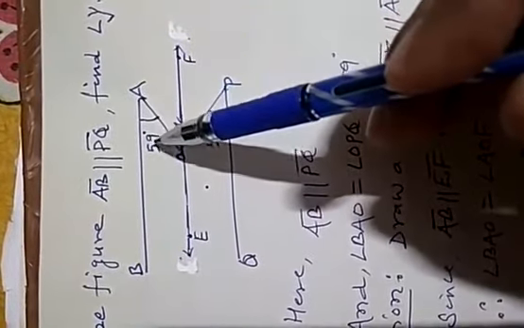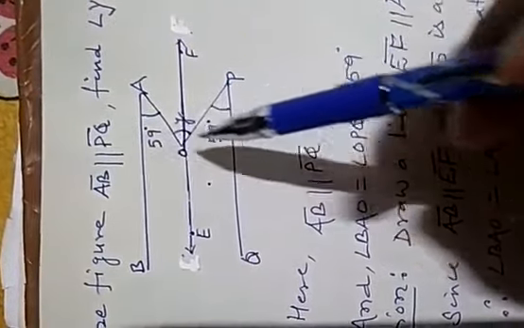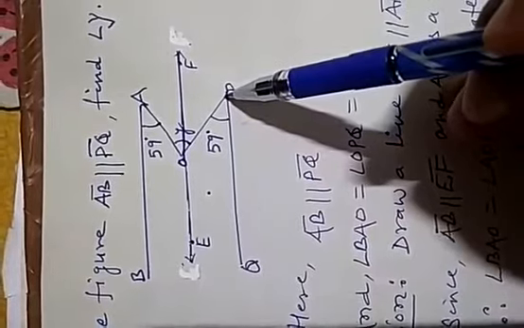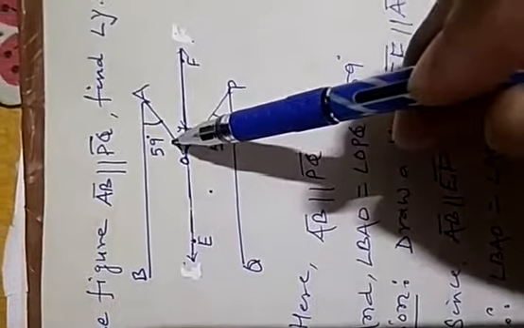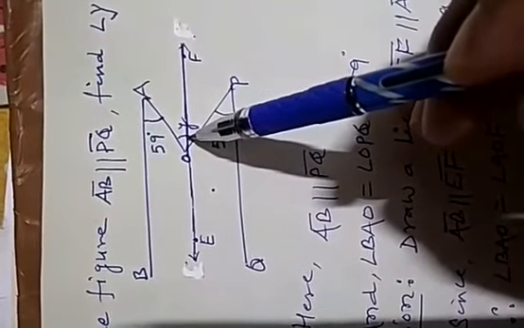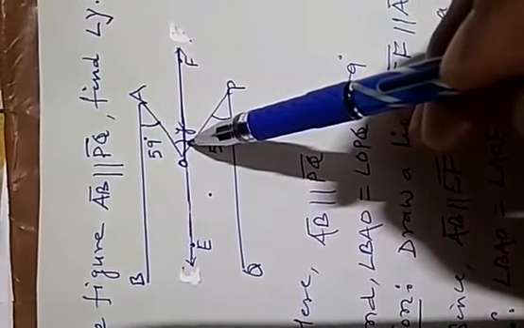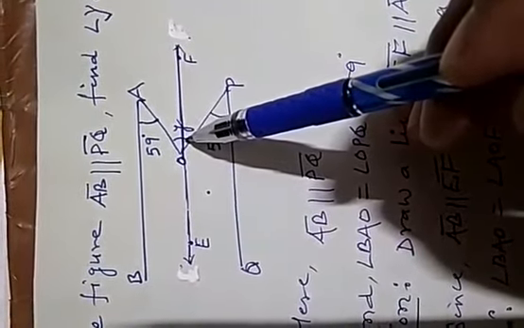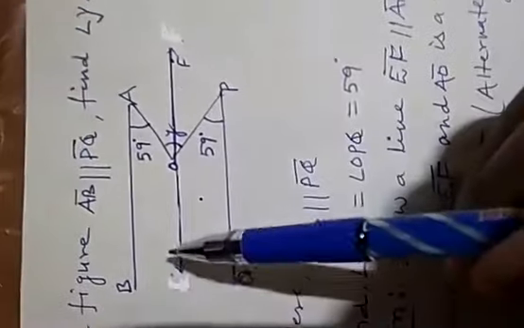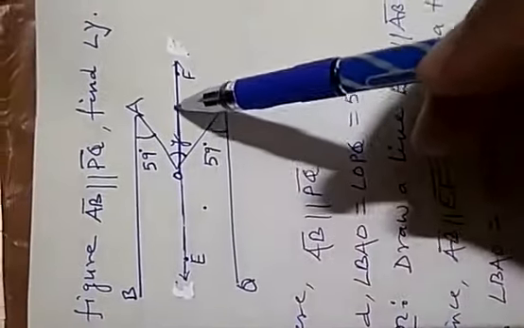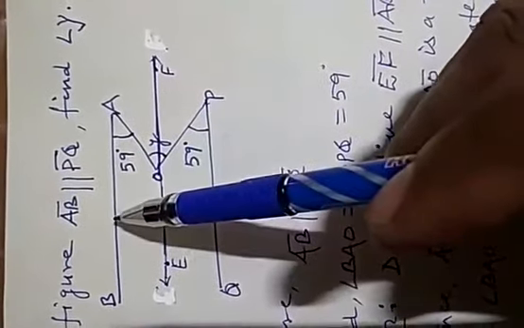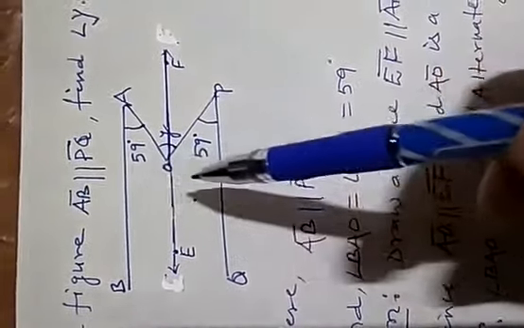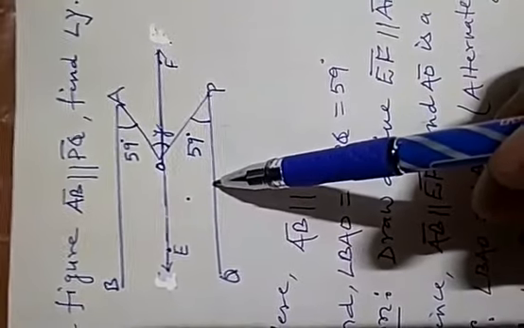Angle A is equal to 59 degrees and angle P is equal to 59 degrees. Then we have to find angle Y. Now we construct a line segment EF which is parallel to AB and PQ. Clear?